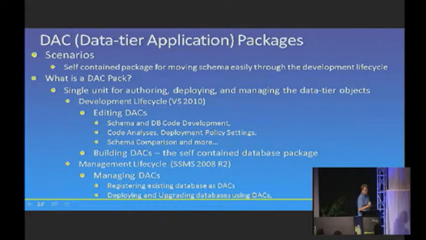Another great thing about data tier applications is, who here has been in the process where they had version 1 of their database, and they start working on version 2, and then all of a sudden they have to write this massive upgrade script to go from version 1 to version 2, moving all the data? It gets ugly. And the guy on the team that has to do that is always the disgruntled guy that hates everybody else.